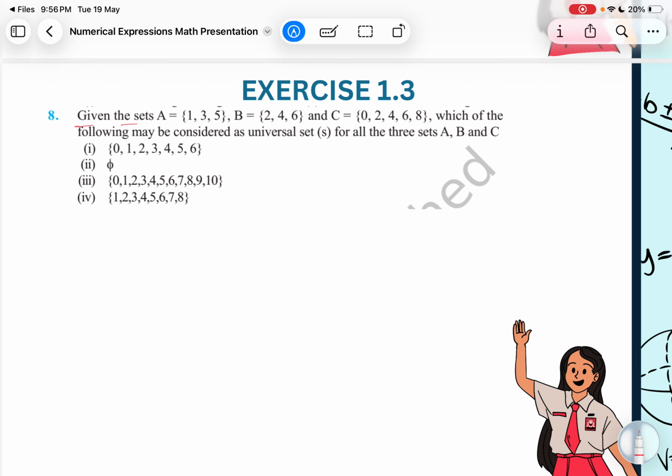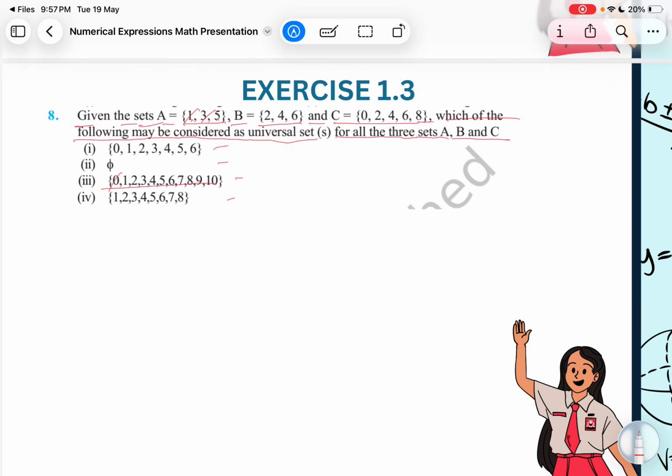Next, question number 8. Given the sets A: 1, 2, 3, 5, B: 2, 4, 6, and C: 0, 2, 4, 6, 8. Which of the following may be considered as a universal set for all the three sets A, B, C? So we have to pick one of these, and we have to consider that all the elements of these three sets are covered in it. So this is looking like the big one.